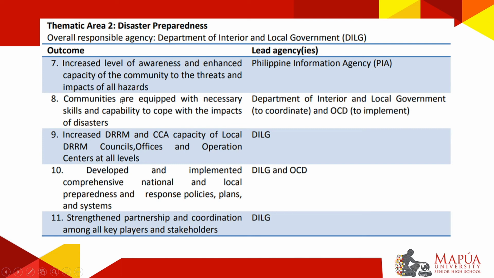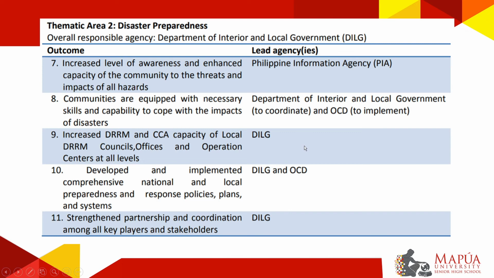For communities equipped with necessary skills and capabilities to cope with the impact of disaster, the DILG and the OCD coordinate and implement, respectively, this outcome. For increased DRRM and CCA capacity of local DRRM councils, offices, and operation centers at all levels, the DILG is the one who is responsible or leading that.